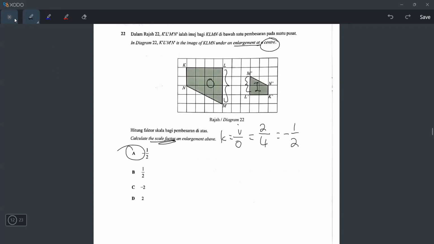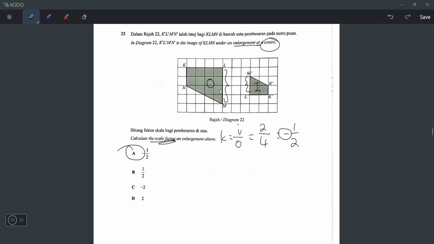Okay, let me tell you the common mistake students make, the common misconception. The common misconception is students think, oh, the negative is there because the image is getting smaller. No, no. The negative doesn't indicate the image getting smaller. The negative indicates the image and object are inverted.